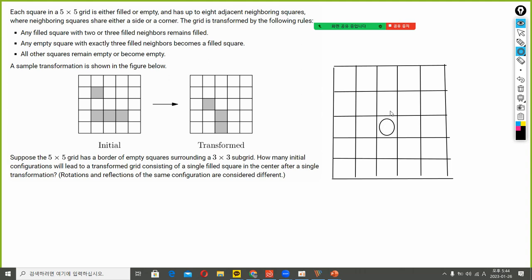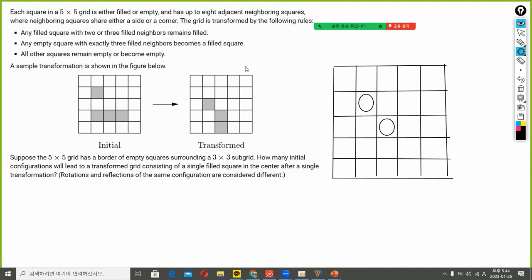So let's first fill the corner. So let's say this is filled. From left to right, this is initial to transformed, you mean? No, no, at the same time. At the same time, yep.